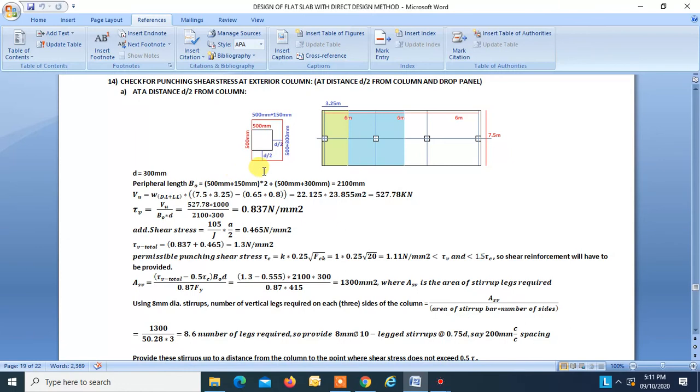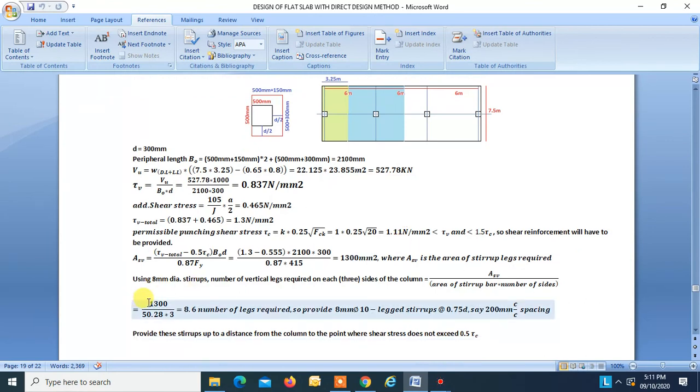So number of sides that we have to provide shear reinforcement are 3: 1, 2, and 3. As we are providing 8 mm dia bars, area of stirrup bar is 50.28. Number of sides 3. This gives 8.6. Number of legs we will provide 10 legs.